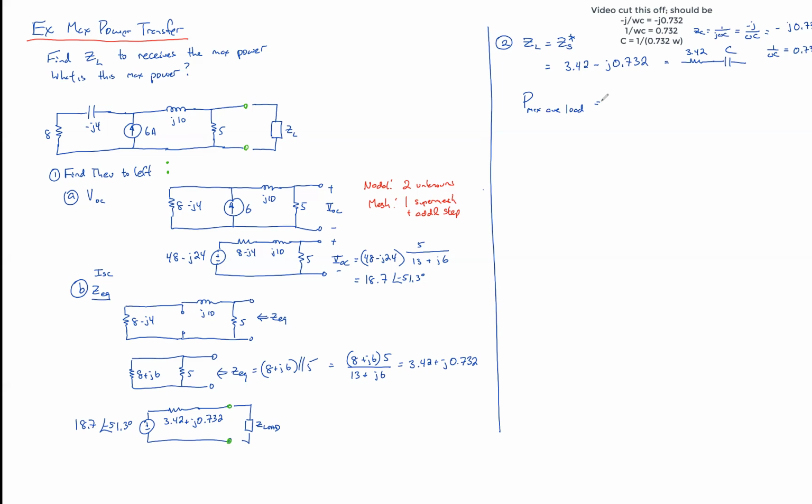That's the formula we derived on the previous screen. We said it's equal to the magnitude of V sub S squared all over 8 times the real part of Z sub S. So that's going to be our V sub S, which we said here has a magnitude of 18.7.